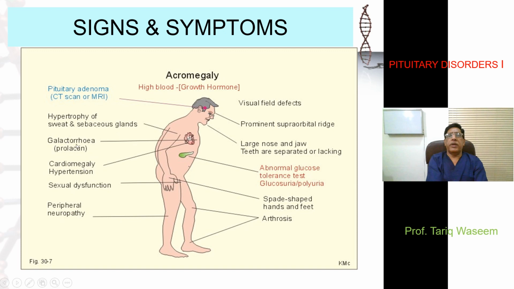Since we did talk about how gonadotropin releasing hormone has a positive or stimulatory effect on prolactin, sometimes they may also show galactorrhea. And then the sebaceous glands and sweat glands are also under this effect, so there is increased production of sebum or oily secretions and increased production of sweat. So the handshake is almost always wet and has a doughy feeling.